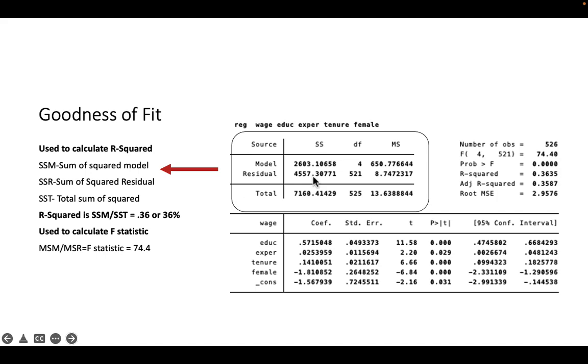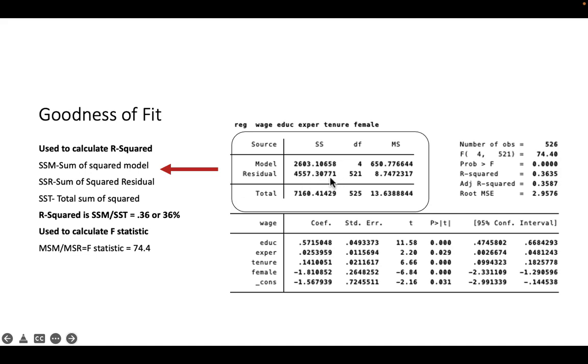This is the total variation in your dependent variable, and out of this total variation, this much is being explained by your model, and the remaining is being unexplained.